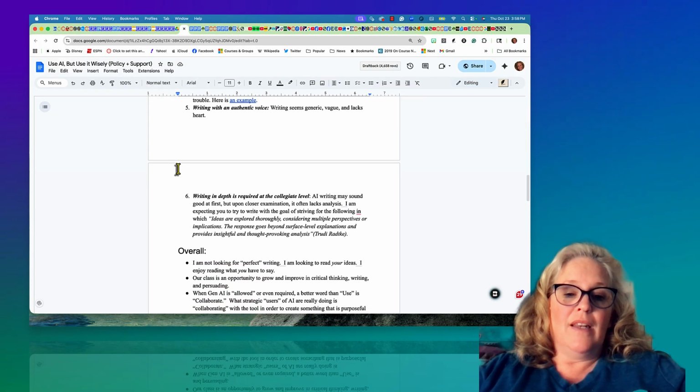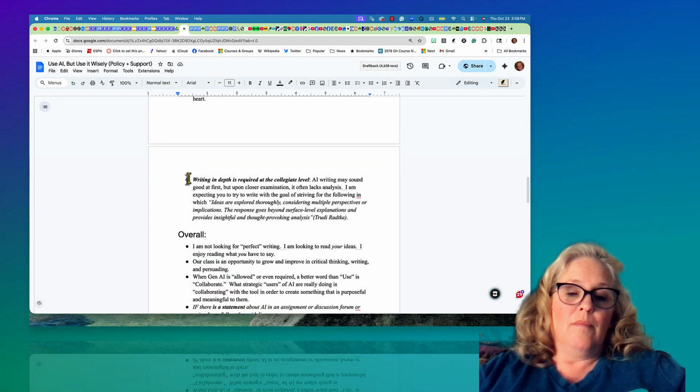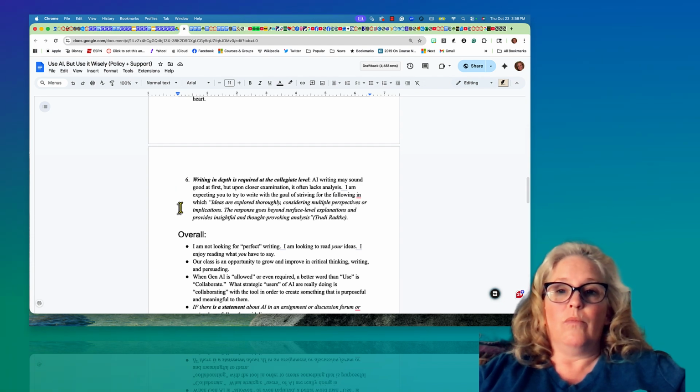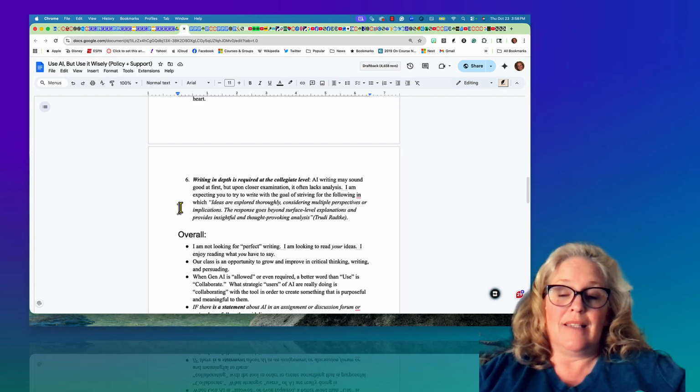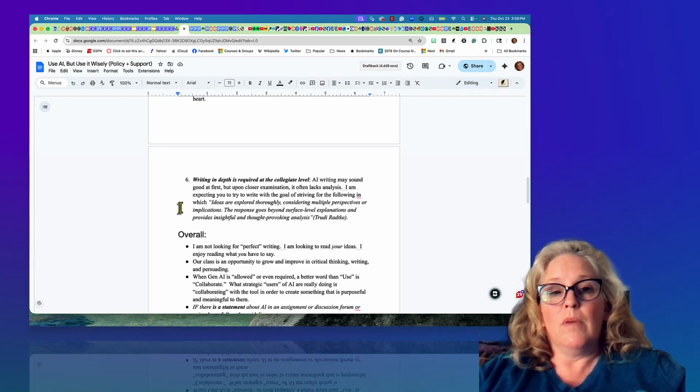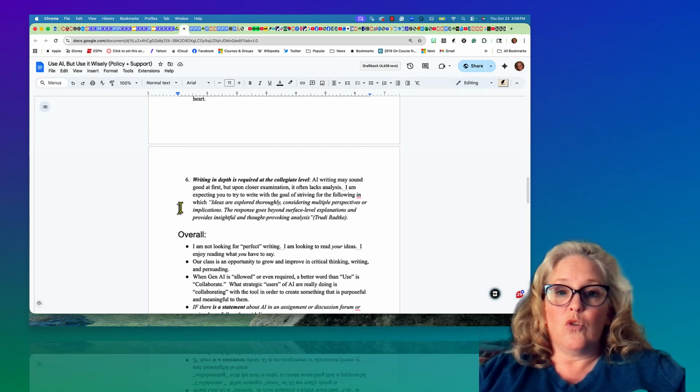It often is not good at writing in depth, the writing that is required at the collegiate level. AI writing may sound good at first, but when you look at it more closely, it often lacks analysis. So even if I use something from ChatGPT or another tool, I often spend a lot of time fixing it for my purposes.